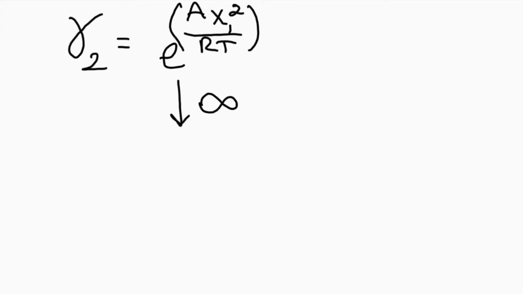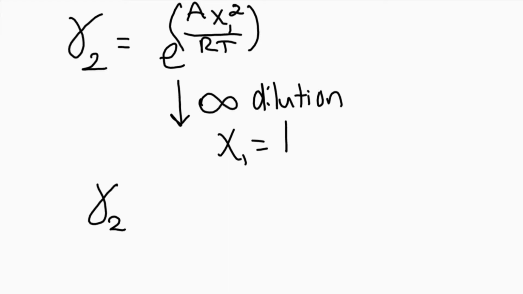Because we're doing an infinite dilution problem, we know that the mole fraction must be equal to 1. So now, we're going to plug in all our values to get the activity coefficient at infinite dilution.